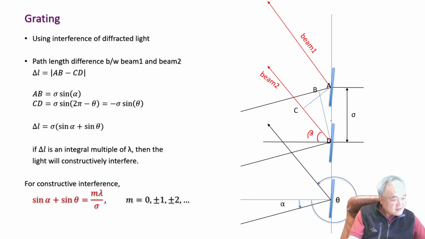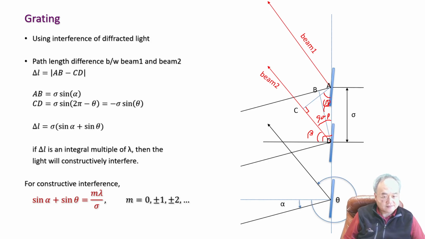Then this angle is 90 minus beta, and this is also a right angle. When you think about all these, this angle is the same as beta.